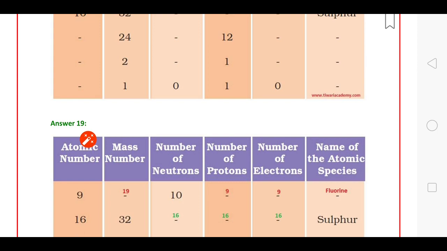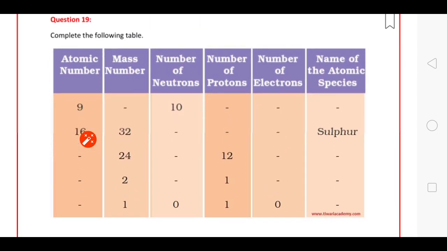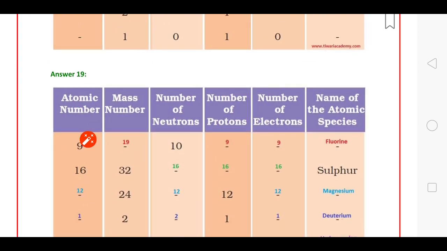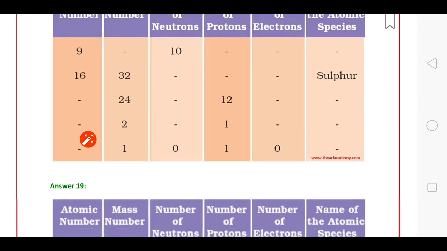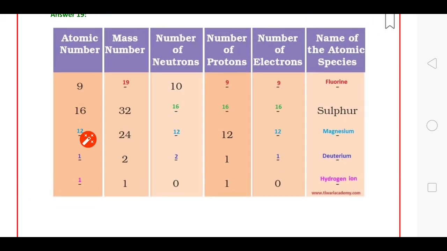So number of neutrons will be 10, and the name of the species is fluorine. So just look at this table and then look at that table, you'll get your answer.